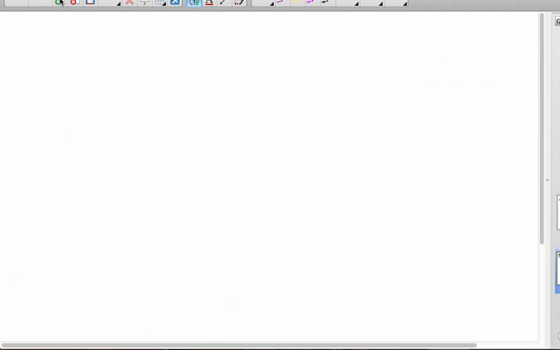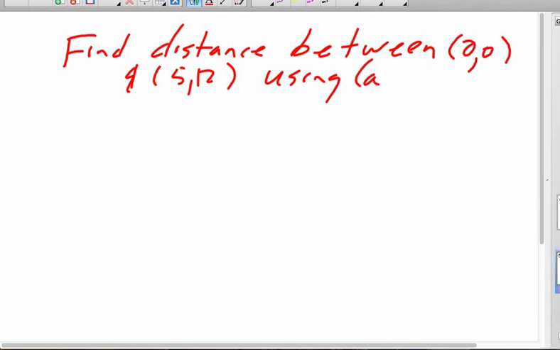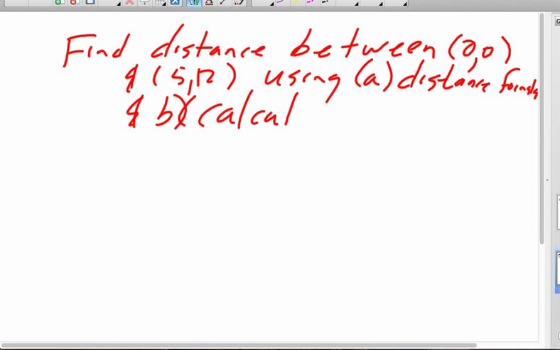I want to find the distance between 0, 0 and 5, 12, A, using the distance formula, which is the right tool for the job, and B, calculus, which is not the right tool for the job. But it'll illustrate how all of this works.